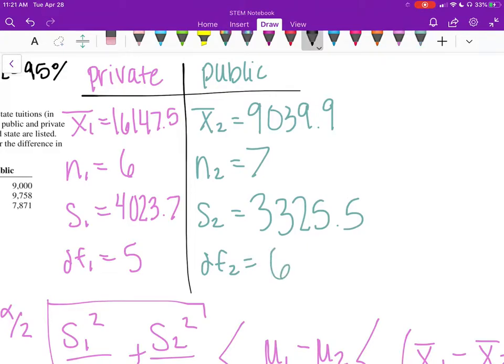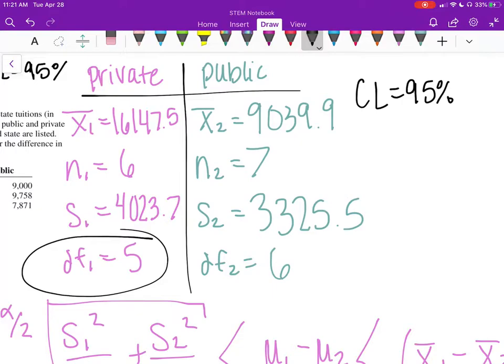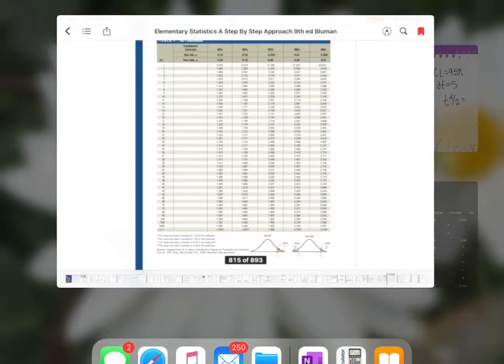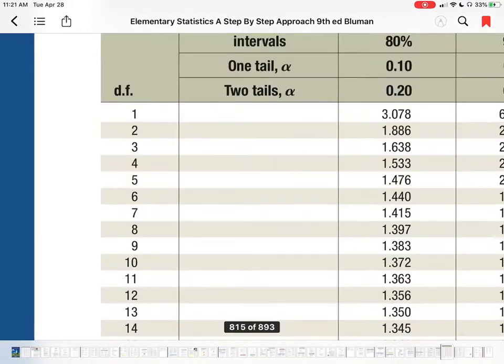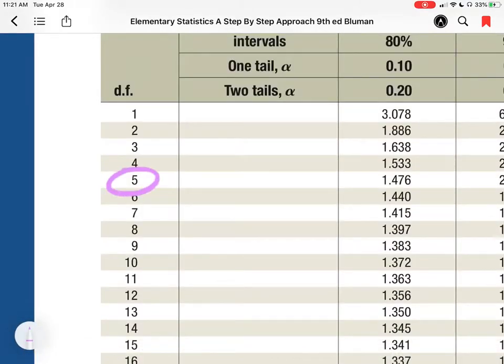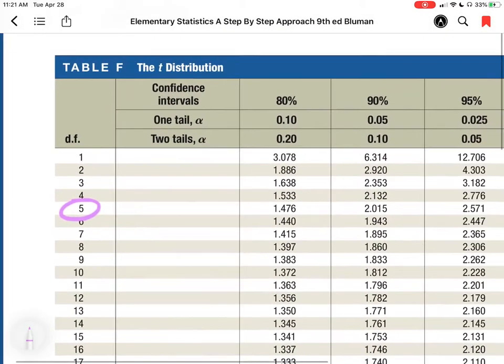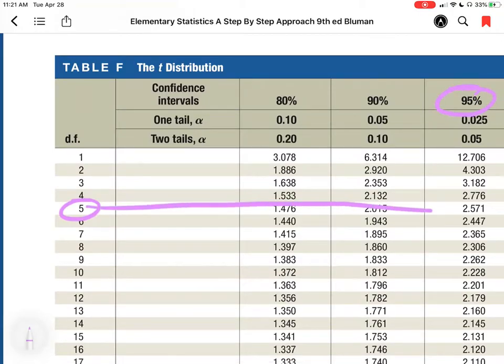So if our confidence level is 95%, we have to compute our t of alpha over 2, and remember to do that, we need to use the lower degrees of freedom, which is 5. So we have degrees of freedom of 5, and our confidence level is 95%.